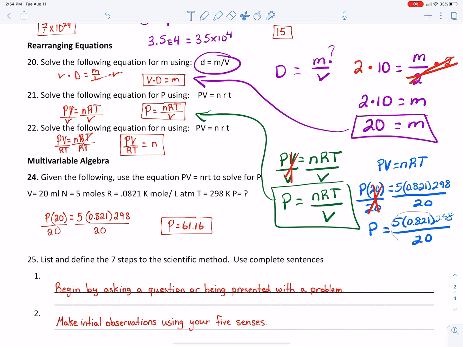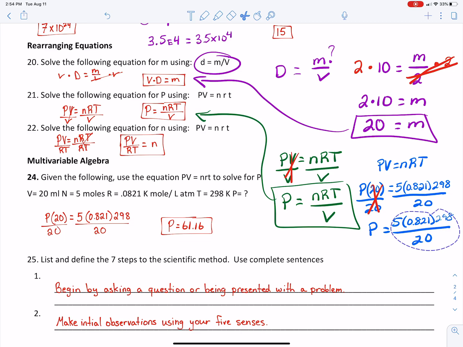This, we can plug into our calculator. So I'm going to plug it in like this. I'm going to go 5 times 8.21 times 298. I don't like that. Oh, I put 8.2 in, that's why. 5 times 0.821 times 298 equals, divided by 20.